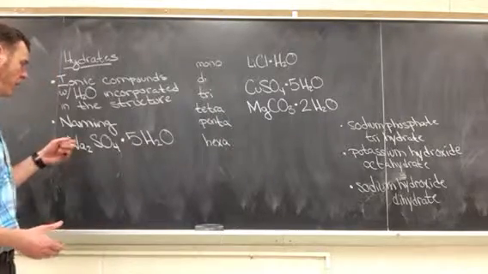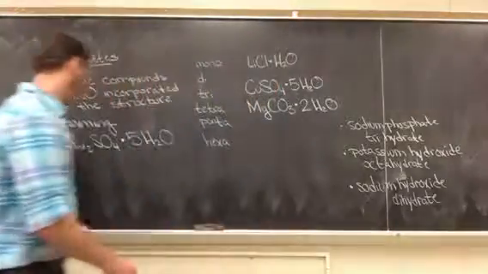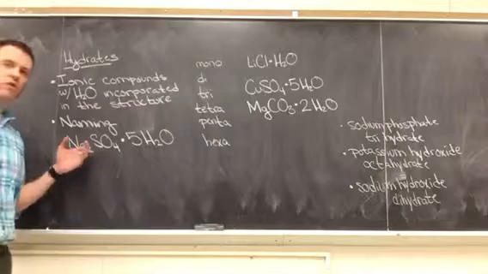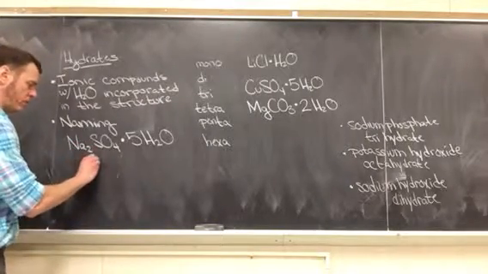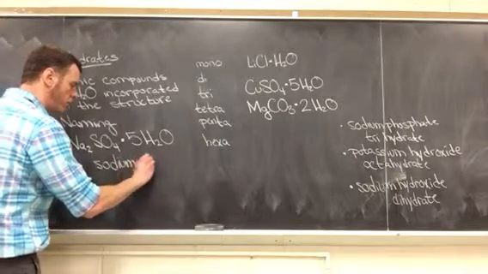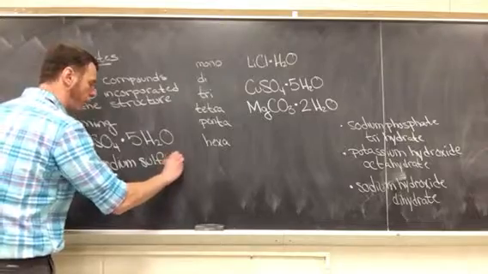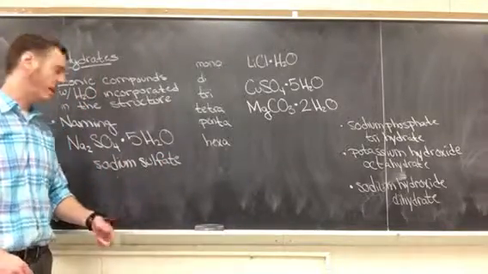So if we look at this compound right here, all right. The first thing we do is look at the ionic compound and name it. You can see that we have sodium sulfate. You will remember this from our previous video that talks about naming ionic compounds.